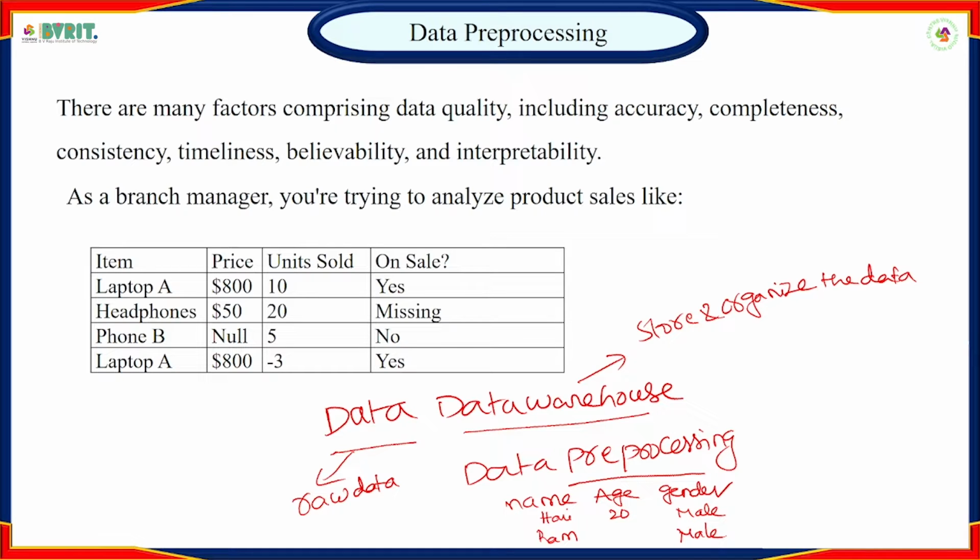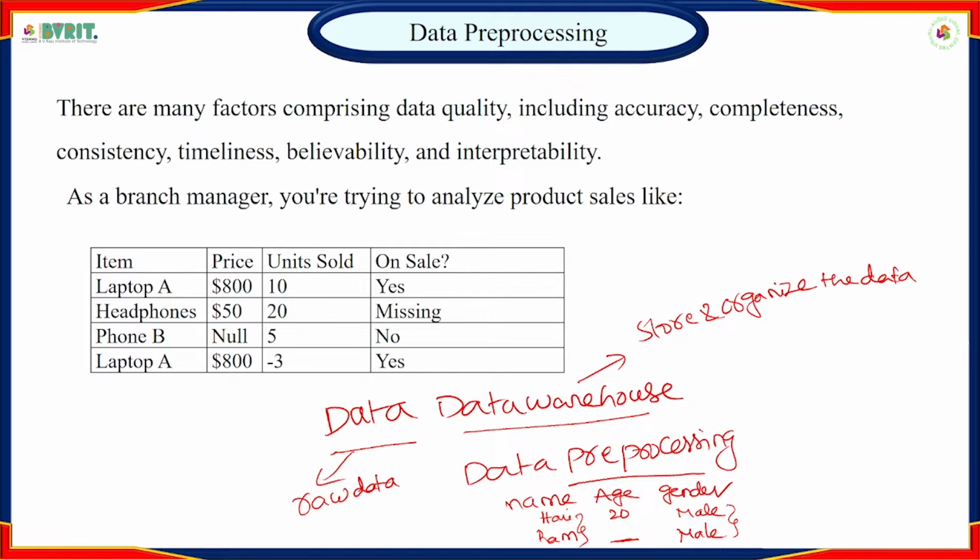In the data warehouse, whatever we register will be stored as it is in the form of data tables. Here, two names are to be filled, and in place of the age, the second one is missing. For gender, all the fields are there.